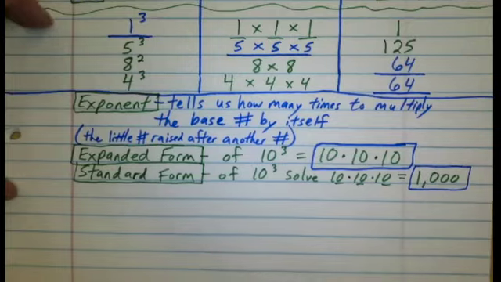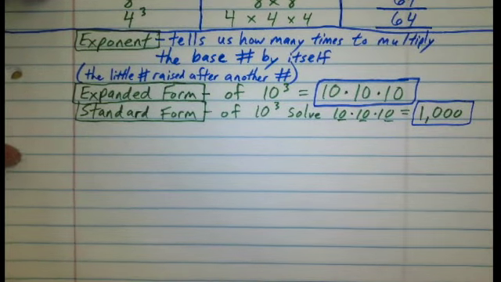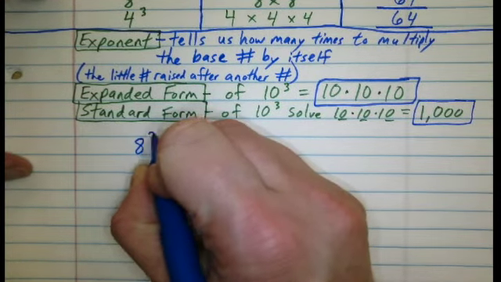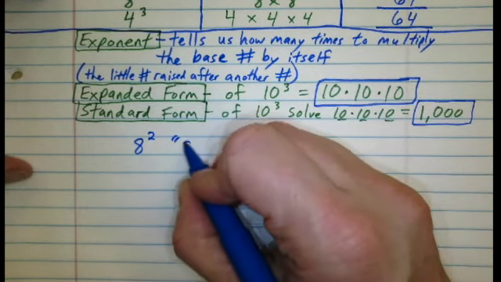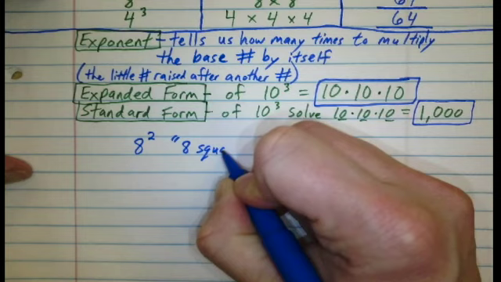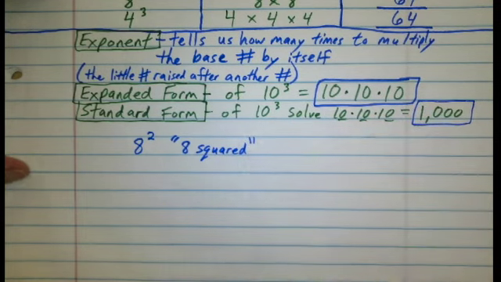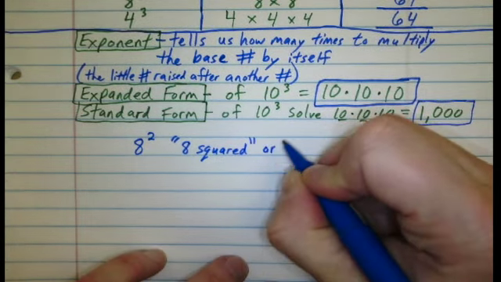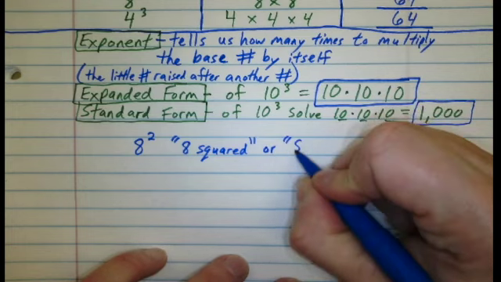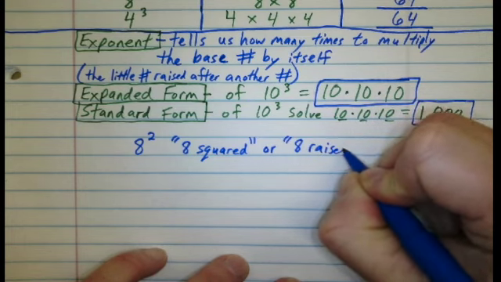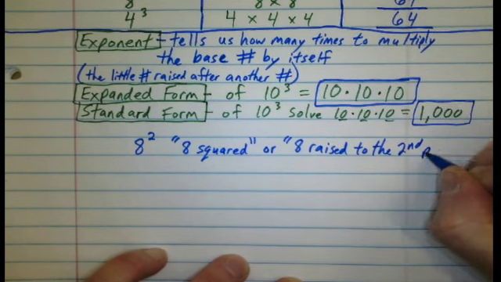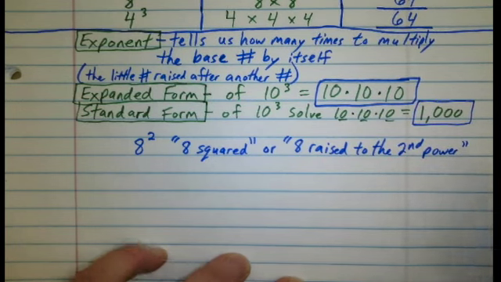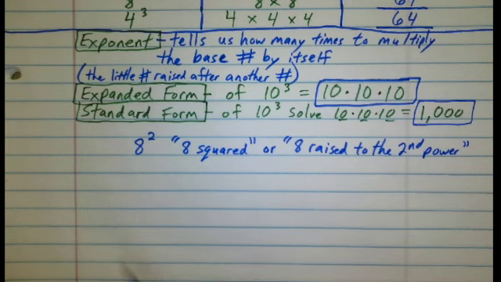I had read a couple problems like this to you, like 8 squared, 8 to the second power. We say it, so I'm going to put it in quotes, 8 squared. Or you could say it as 8 raised to the second power, meaning that you take 8 times 8.